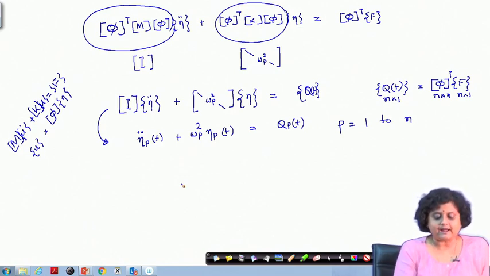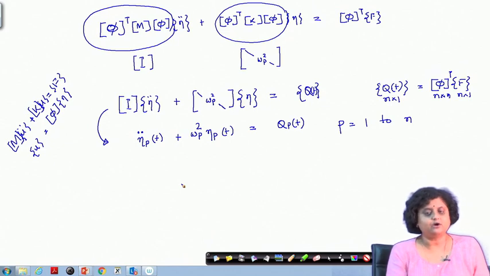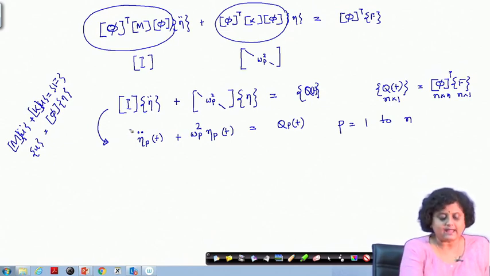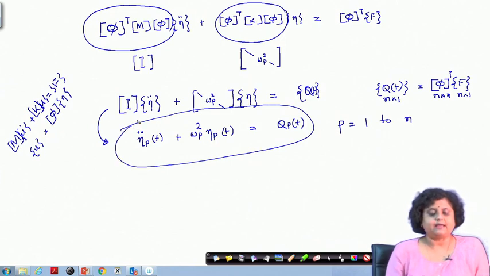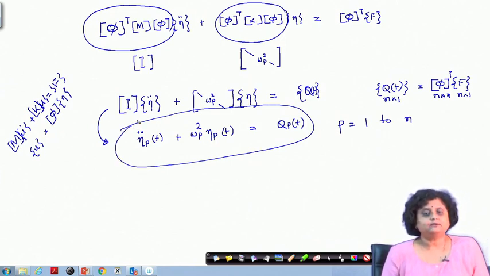So, I will have a set of uncoupled ordinary differential equations, and if you see this equation, it is analogous to the equation of motion of a single degree of freedom system.